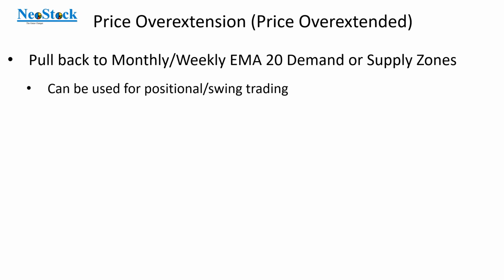What kind of confluence? Not zone confluence. Now we are talking about EMA confluence. At the time overextension completes, that is, pullback to the EMA 20, in that location, if there is a monthly demand zone having confluence with the monthly EMA, that is the best place, that is the best time you can go for cash trades. Same thing for weekly also.